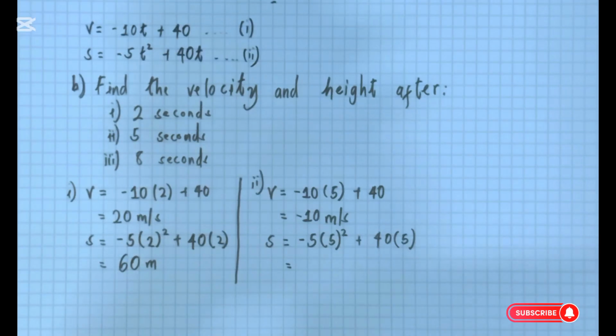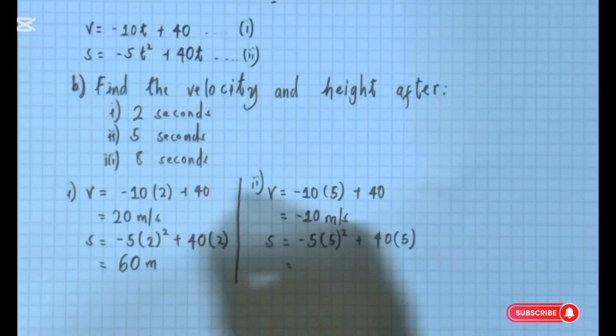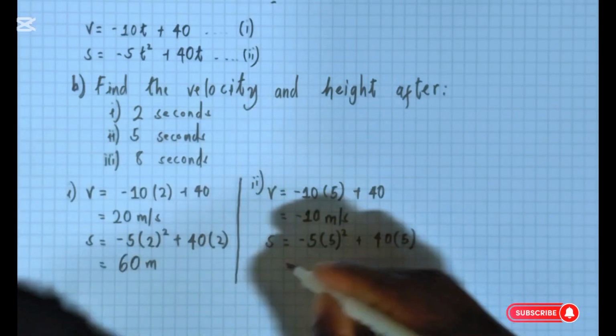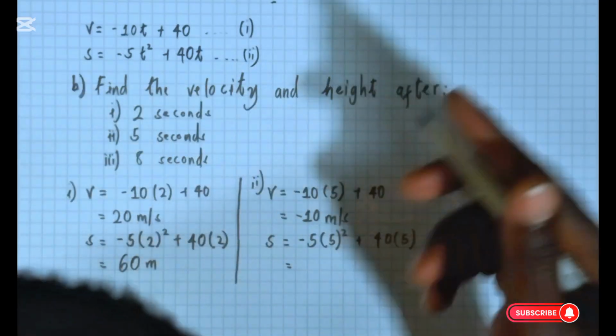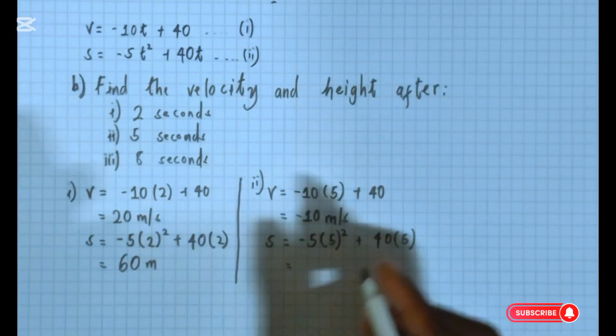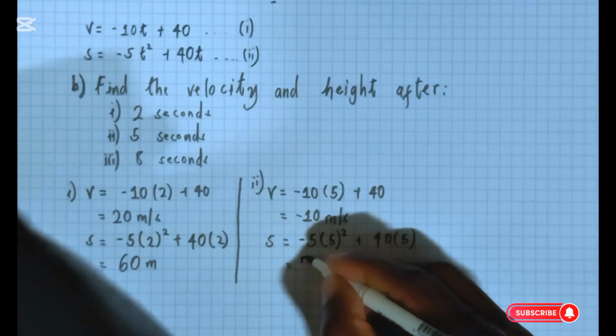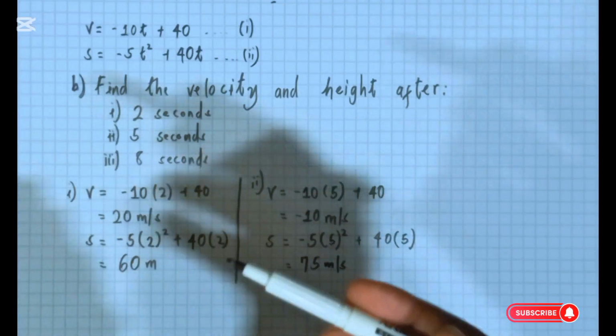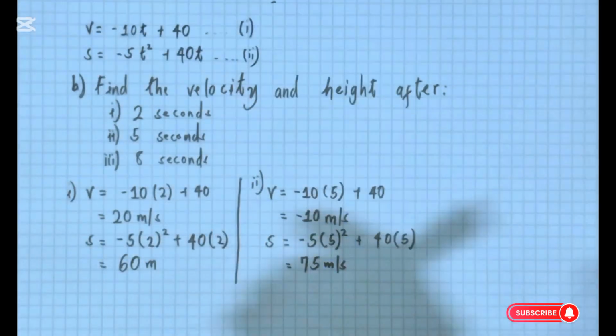So at this particular time, the height that the ball will have covered will be actually 75. So this means that the ball isn't really going down. It has just slowed down.